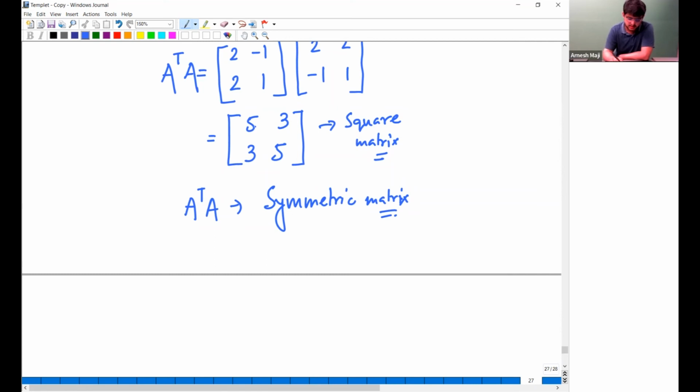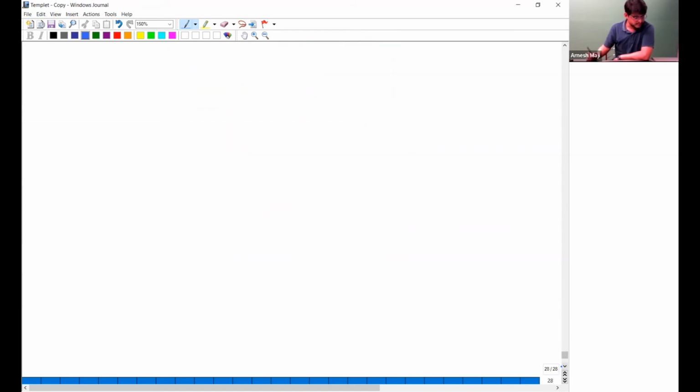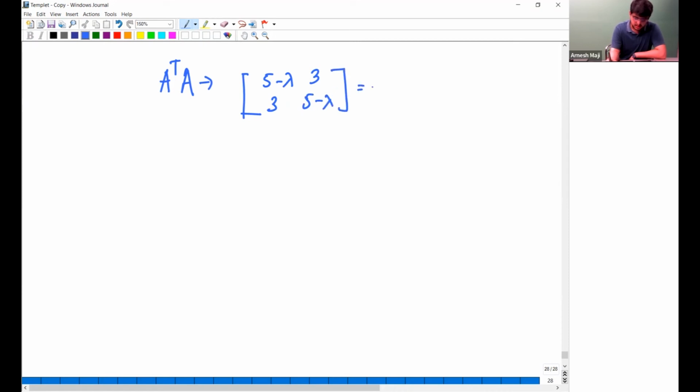If we change row to column and column to row, it will be the same. Now we have to find the eigenvalues of this matrix. So again, we'll find the characteristic equation and set the determinant of this matrix to 0.